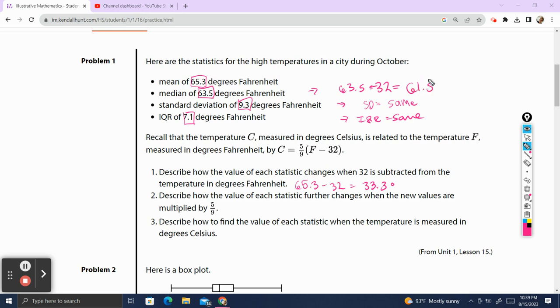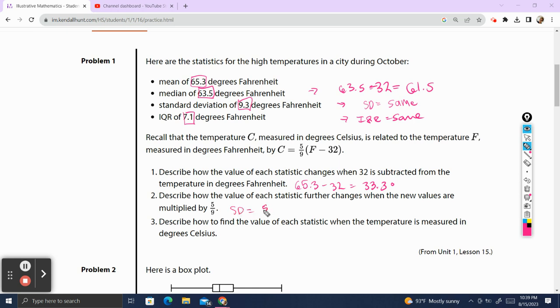Our median is going to be 61.5 times 5/9. Now our variability, when it got shifted to the left, did not change. But now that we're multiplying by 5/9, our standard deviation is not going to be the same.